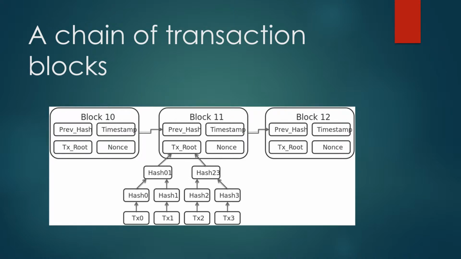This is an example of a Bitcoin blockchain. If you look at block 12, it has a previous hash field that links it back to block 11. There's a timestamp and nonce to prevent repudiation attacks, and there's the transactions that are in that block.